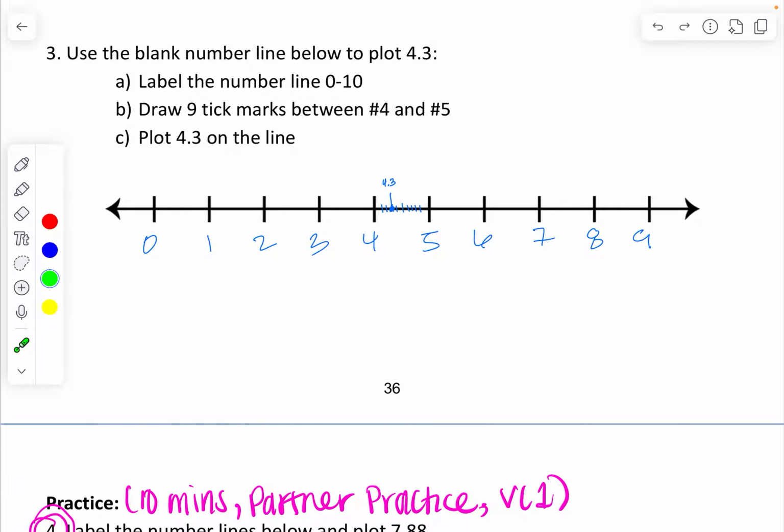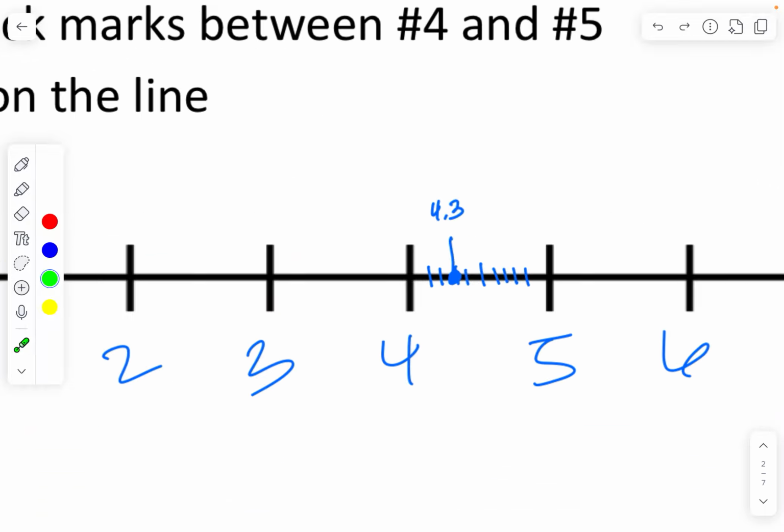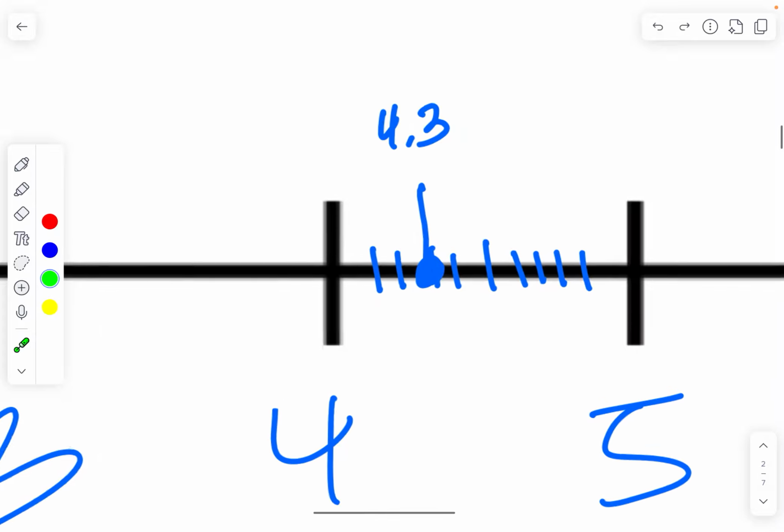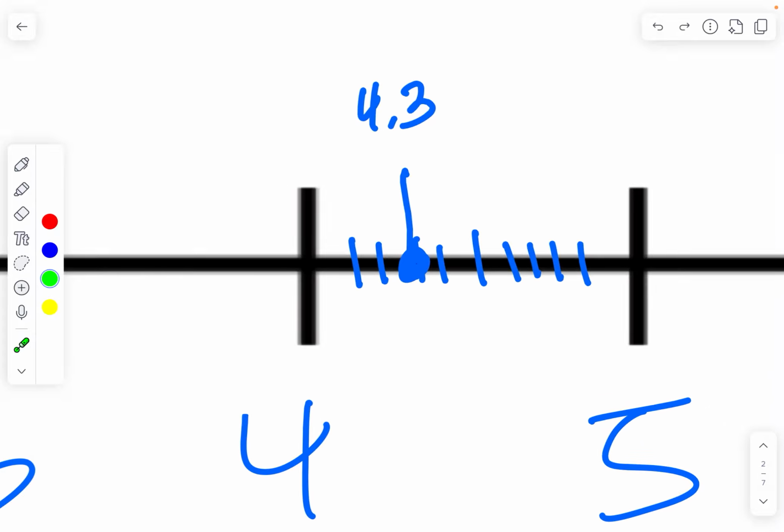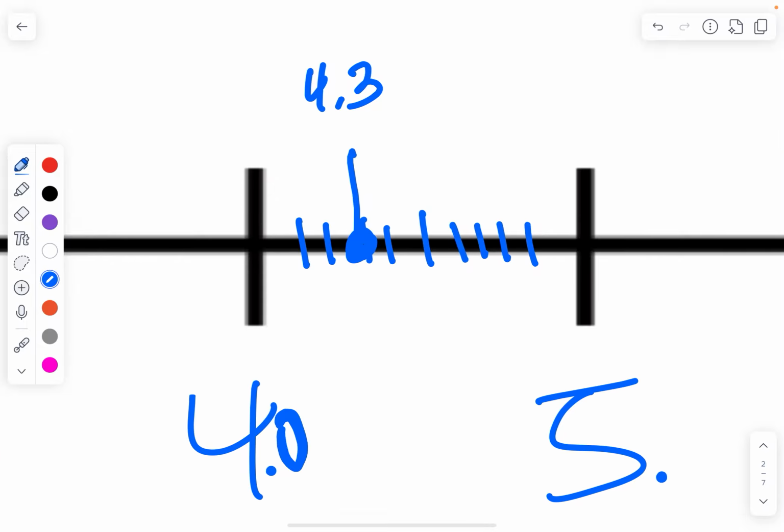So, okay, that I guess will require us to zoom in a bit and focus on our tenths place. We are going to draw 9 tick marks between 4 and 5 to create 10 spaces, right? So we have here, let me draw it out. So we have 4 and 0 tenths, and then our other endpoint was 5 and 0 tenths.